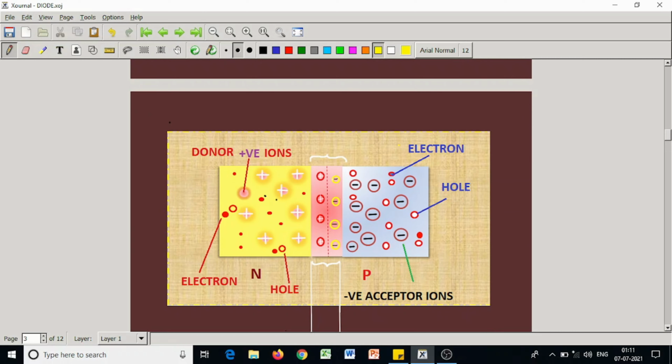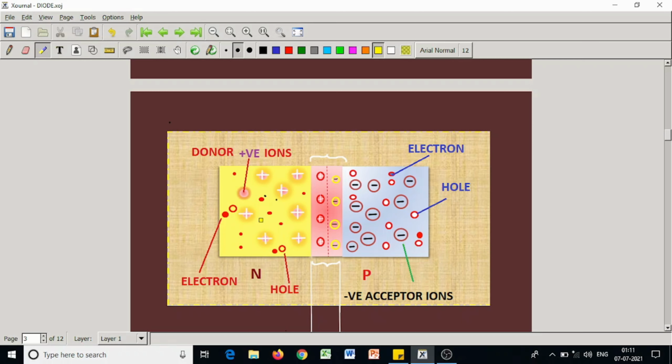In an unbiased PN junction, there exists an intrinsic potential barrier. What is this potential barrier? When it is unbiased, the concentration of electrons in the N side is larger than the minority carriers in the right hand side.